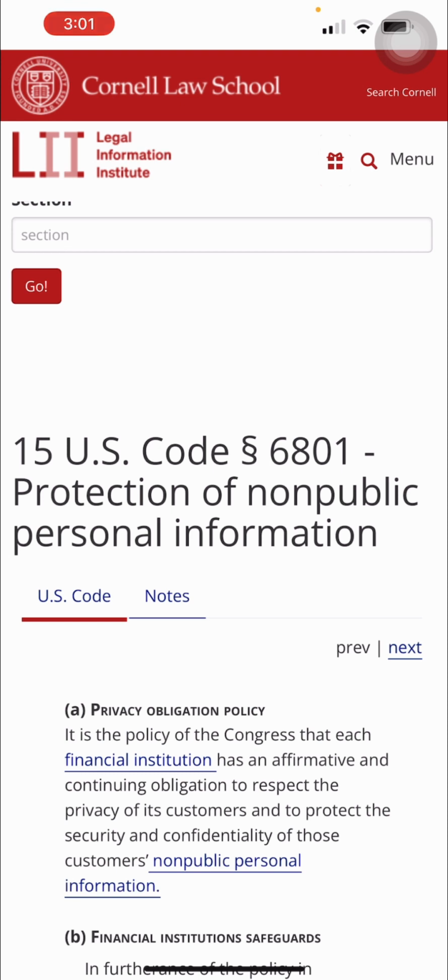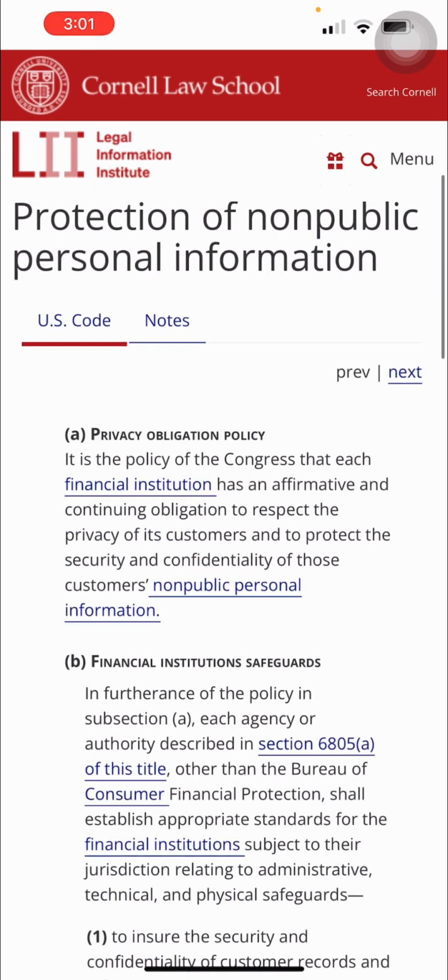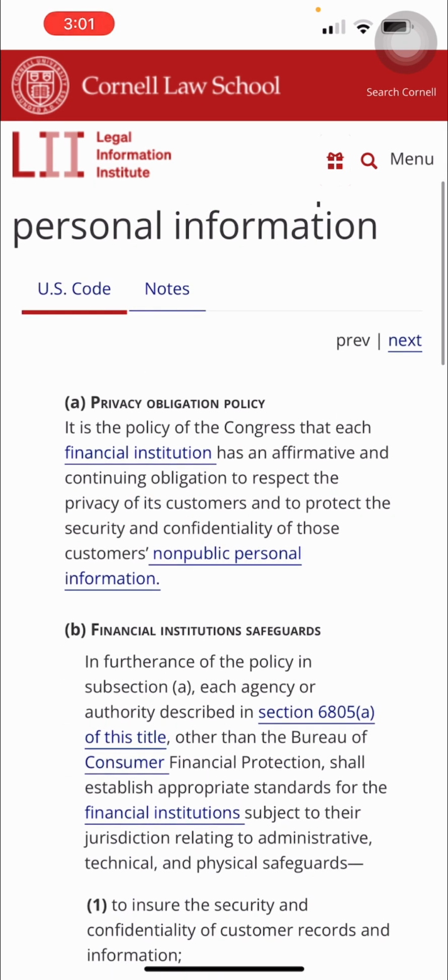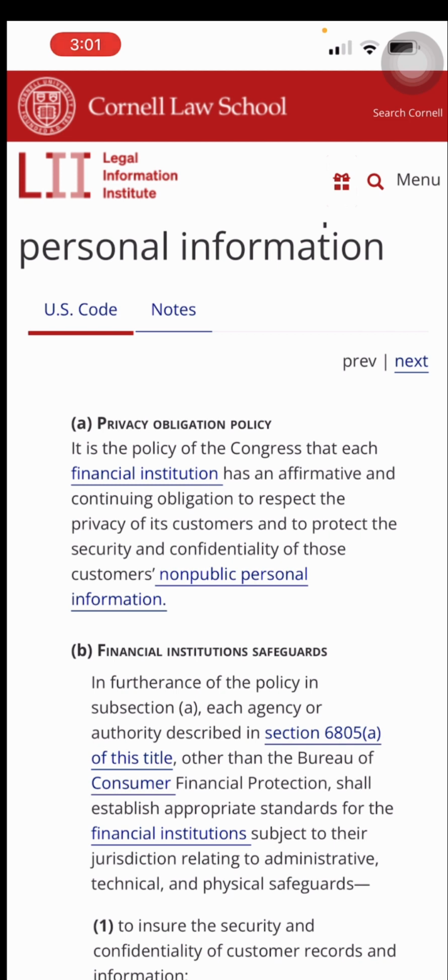So if you go to 15 USC 6801, it talks about protection of non-public personal information. So let's read. It is the policy of Congress that each financial institution has an affirmative and continuous obligation to protect the privacy of its consumers and to protect the security and confidentiality of those consumers' non-public personal information.